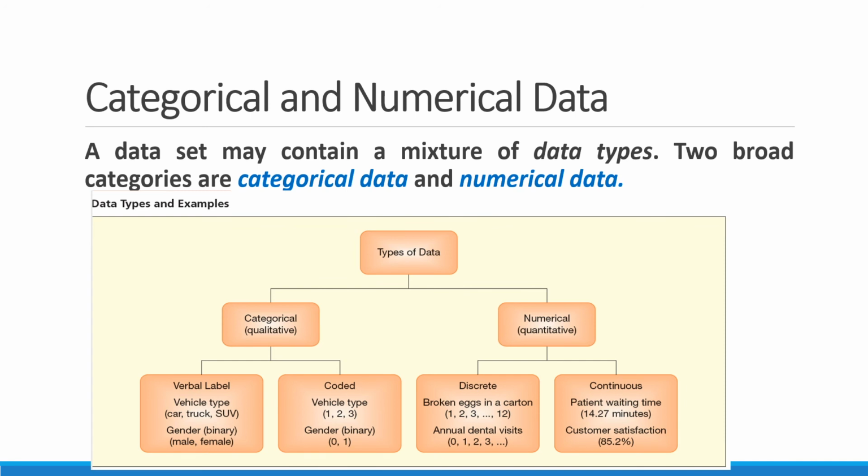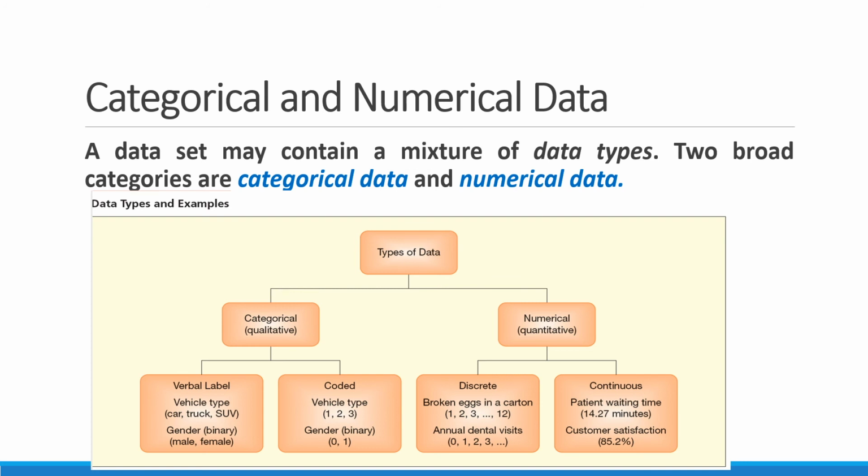There are 2 types of numerical data: discrete and continuous. In discrete data, we always use integers. We use whole numbers. No decimals or fractions are allowed.